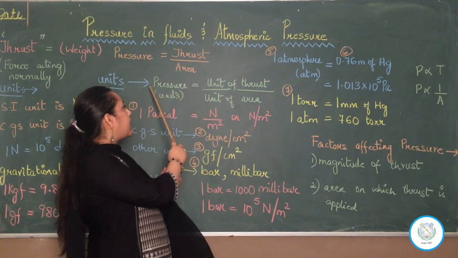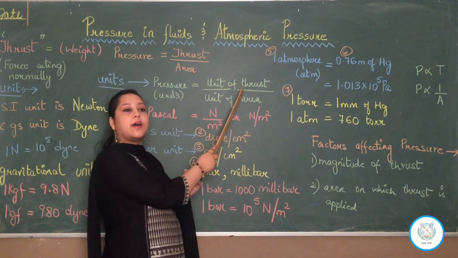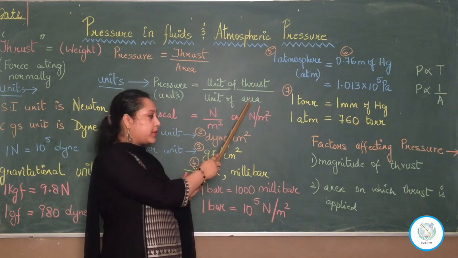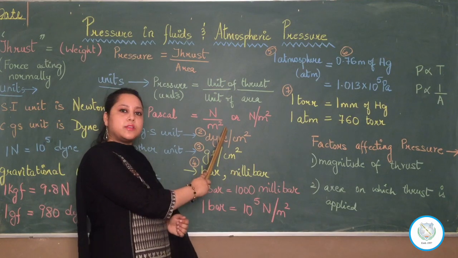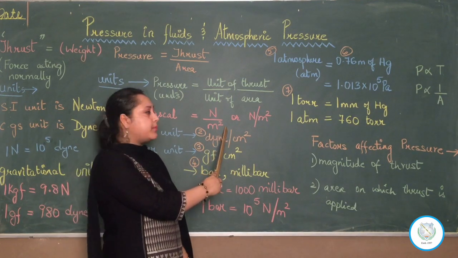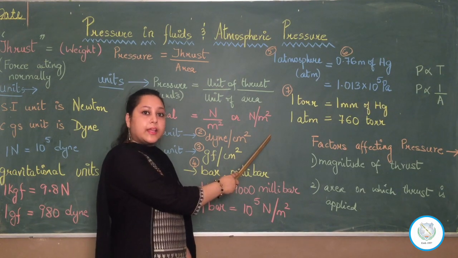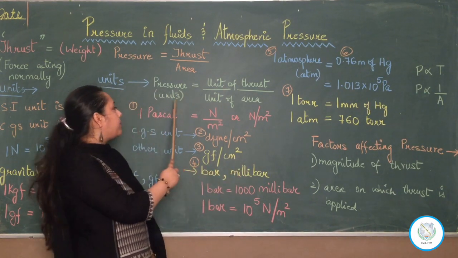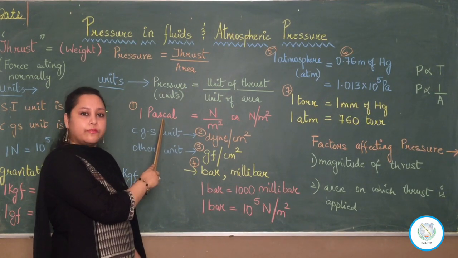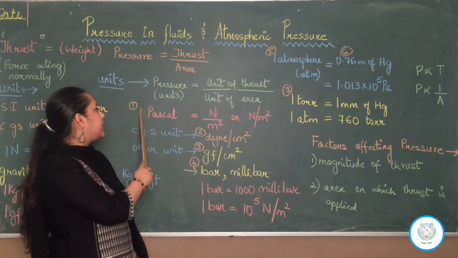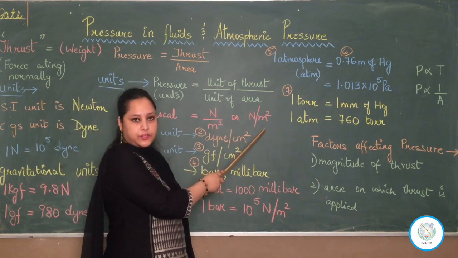So the unit of pressure is the unit of thrust divided by the unit of area. The unit of thrust is Newton and the unit of area is meter square, so it can be framed as Newton per meter square, right? It can also be given as Pascal, after the French scientist Blaise Pascal. Therefore, 1 Pascal is equal to 1 Newton per meter square.